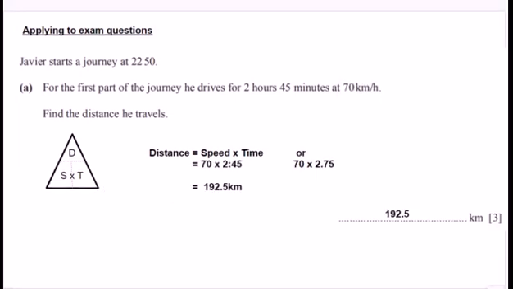So as far as working out goes, I would suggest something like this would probably be okay, as long as it's accompanied with the right answer. If you can see the number 2.75, that shows understanding, and then you multiply it by 70, and you definitely need to see this 192.5, or I guess you could write 193 kilometers, 3 significant figures.